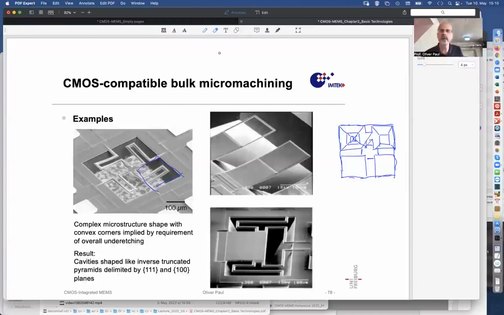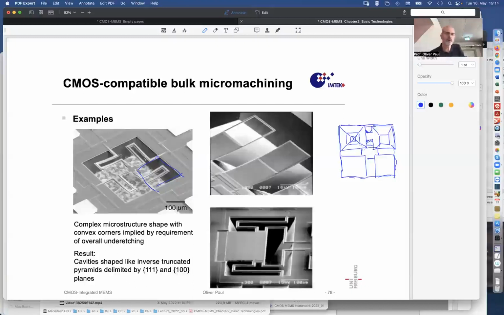In such a scenario, there is no reason for this wall to be stable, because the etchant can attack at this corner here. It can under etch this structure, and then those two cavities will after a while join into a big cavity.